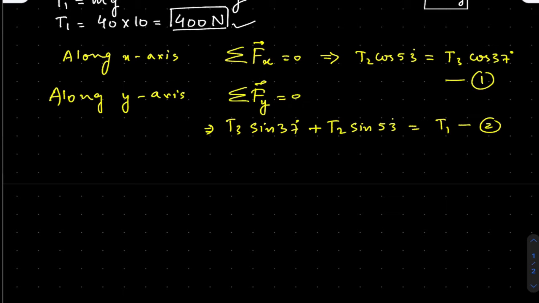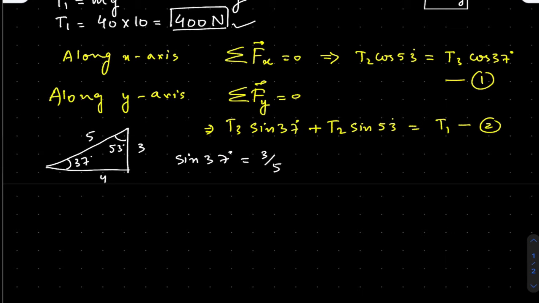Okay, so to find the values for 37 and 53, we know the triangle. This is 37 degree, this is 53 degree, this is 3, this is 4, this is 5. So sin 37 degree is nothing but 3 by 5, and sin 53 degree is nothing but 4 by 5.